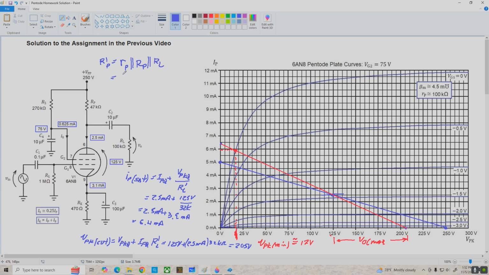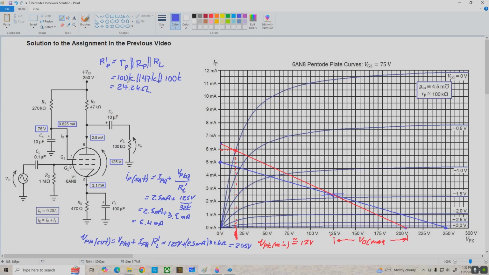So that's going to be 100K in parallel with 47K, and RL is also 100K, and that works out to be about 24.2 k ohms.